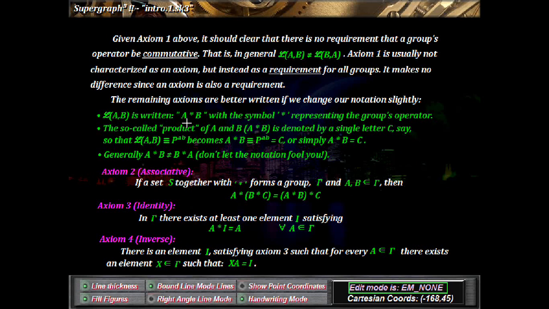Now either way you write it, this here, A star B, is called the product of A and B. Okay?